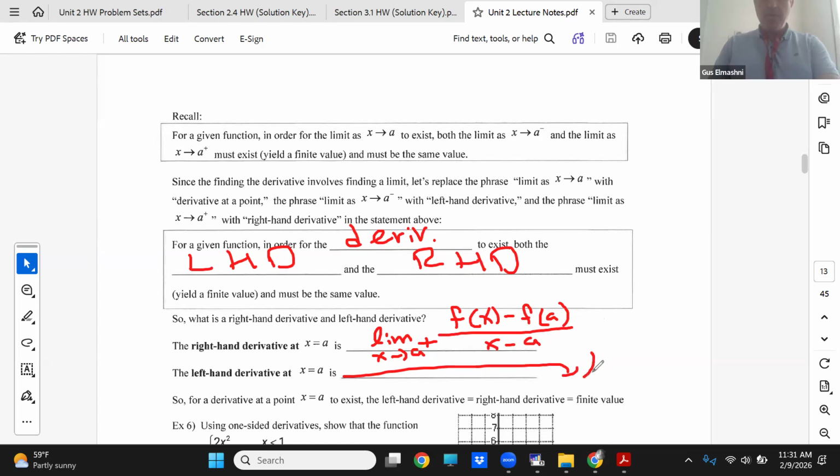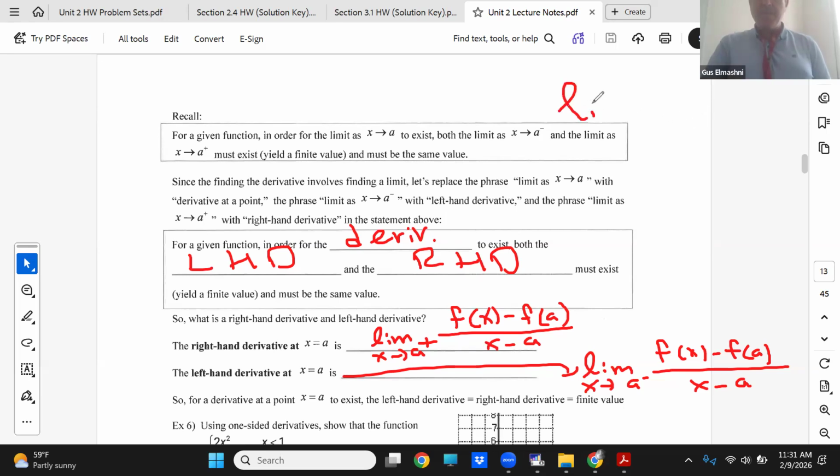Another way we could write it too is like this. Do it again.